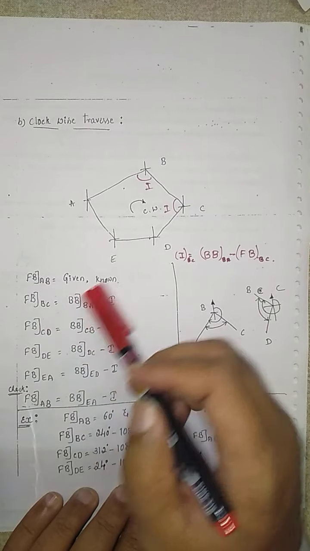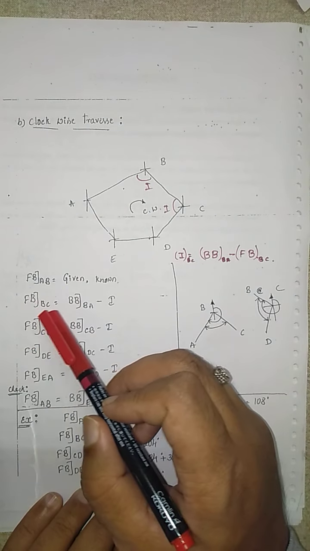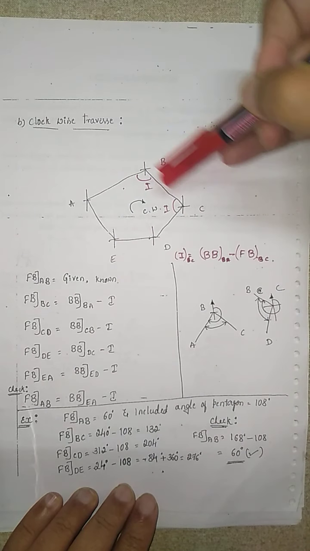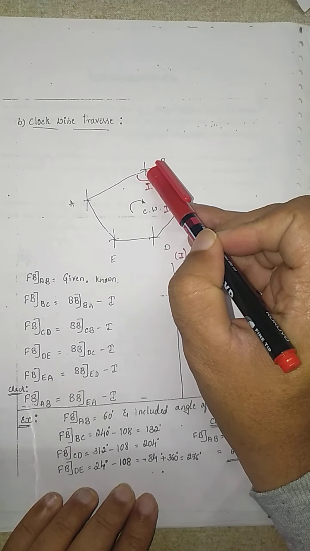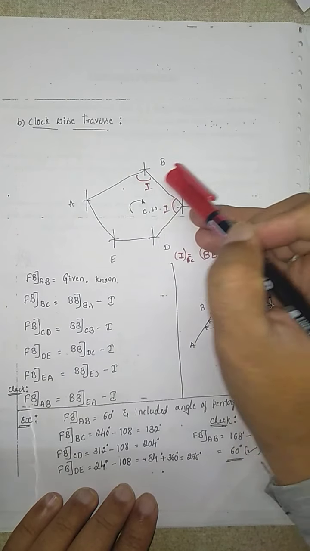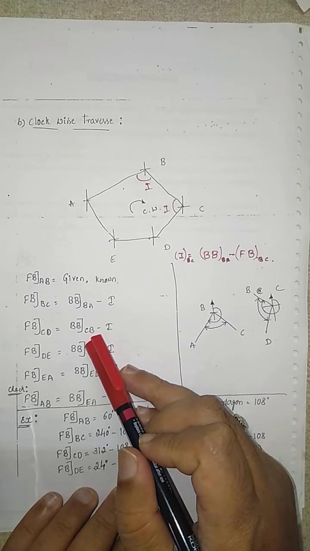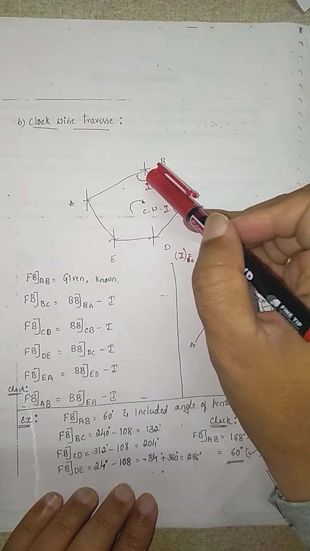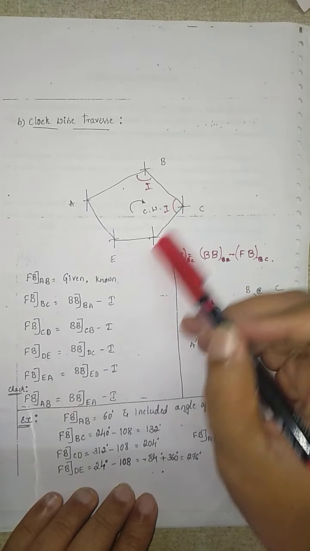The forebearing of the line AB will be given, and if you want to calculate the forebearing of the line BC, you calculate the back bearing of the line BA minus the included angle. Then again, the back bearing of the line CB minus the included angle will give you the forebearing of the line CD.